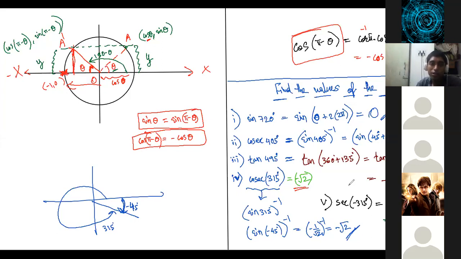You can write this as 45 minus 360, then that will be minus 45 plus 360, which will again be secant of minus 45. It will be root 2. Yes, I was asking for this one. So on and so forth.